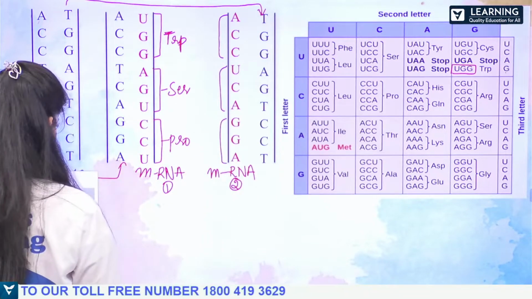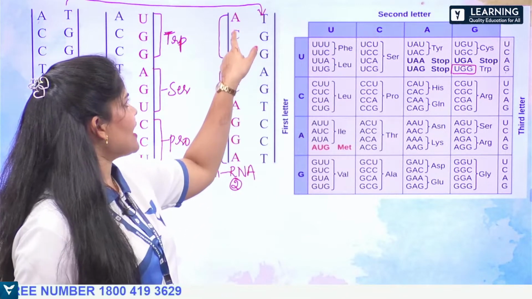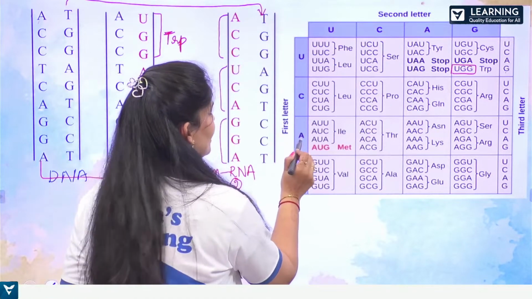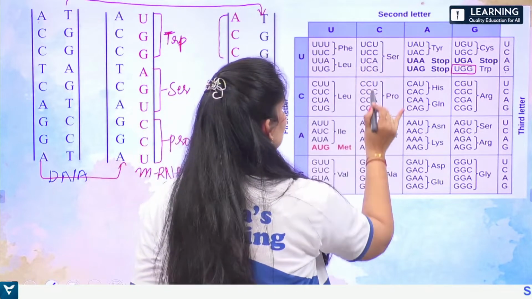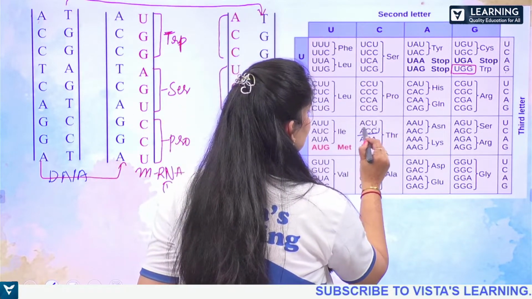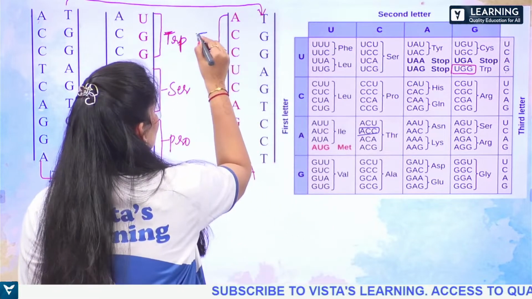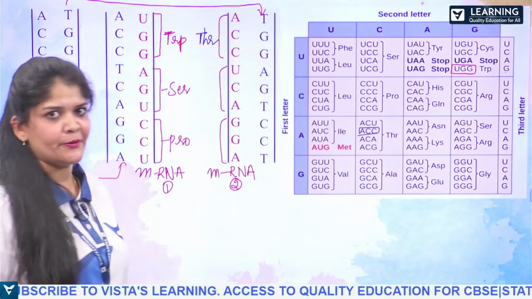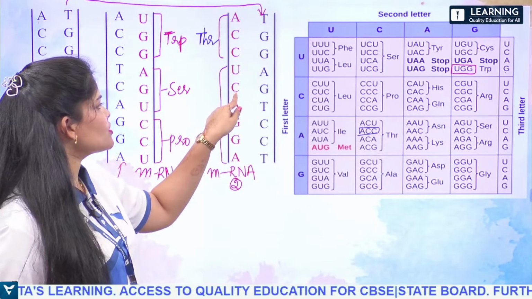Okay. So here ACC, right? First letter A, second letter C, and third letter is again C. ACC. Threonine. Next, UCA.